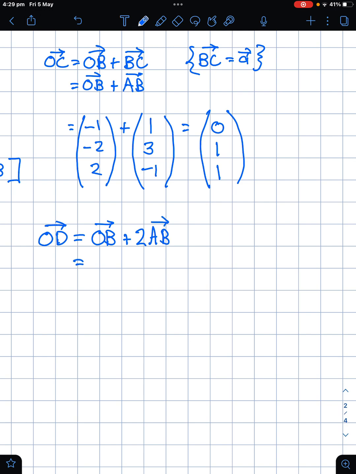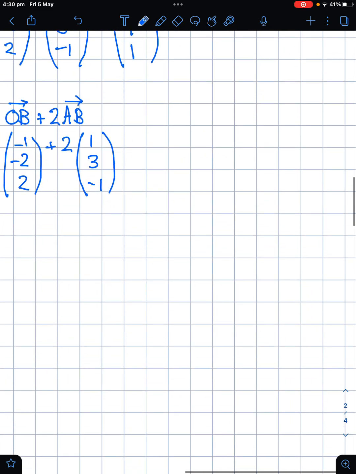So this is going to mean that OB was (-1, -2, 2) plus 2 times (1, 3, -1). This is going to be (-1, -2, 2) plus 2 times 1 is 2, plus 2 times 3 is 6, plus 2 times -1 is -2.